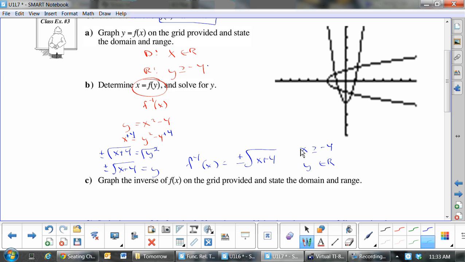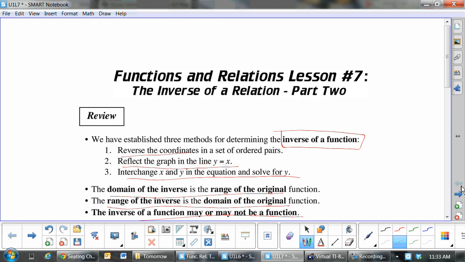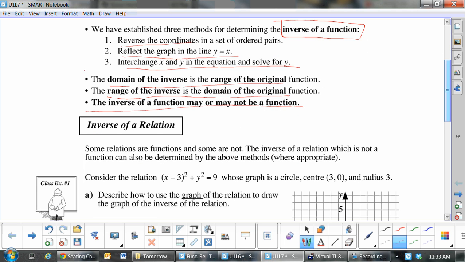Domain and range, they switch. Okay, can I just go back and remind you of these? The domain of the inverse is the range of the original, and the range of the inverse is the domain of the original. They will always trade. Okay?